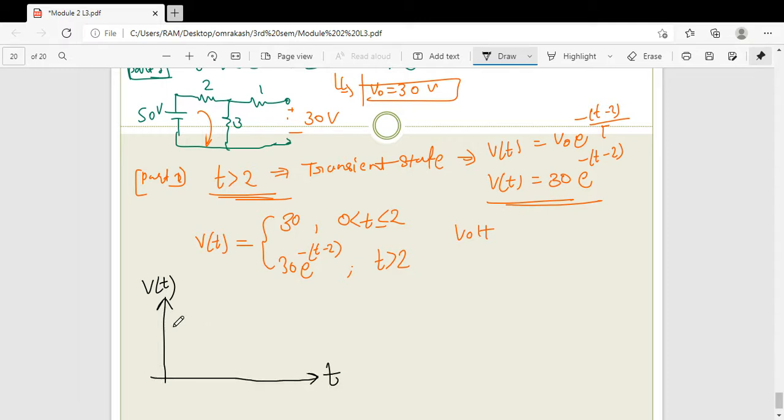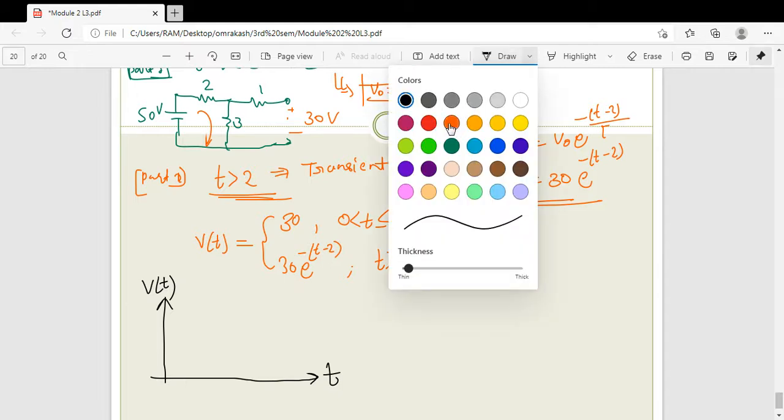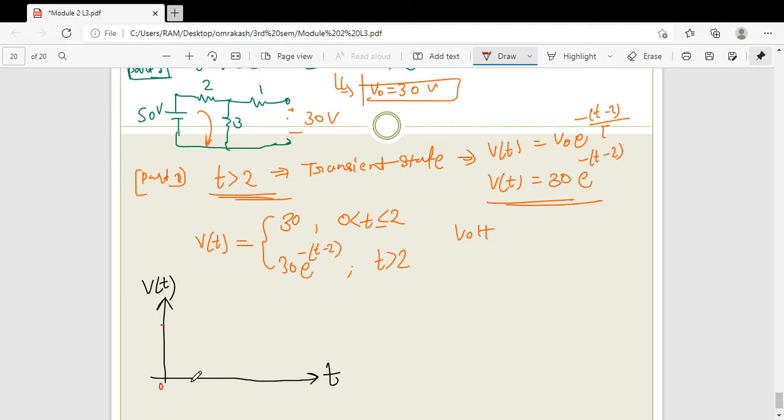Now see, this is your reference at starting, from t equal to 0. So this is 0, this is your 2. This is a constant because the switch operation doesn't happen till t equal to 2, right? So what is the voltage? V naught is the constant DC voltage, which is 30 volt.